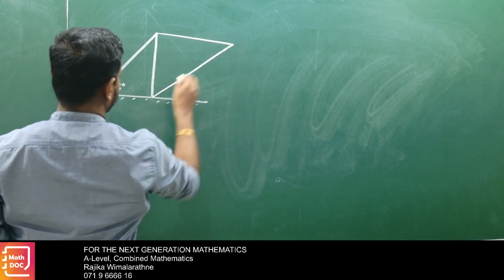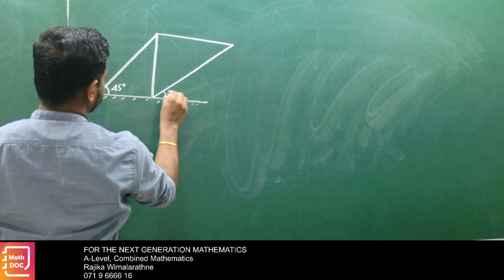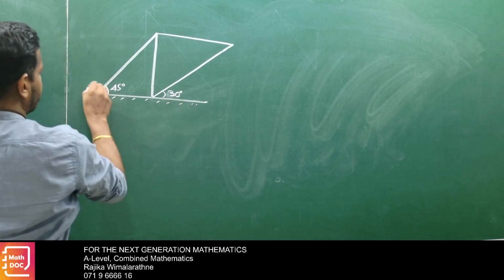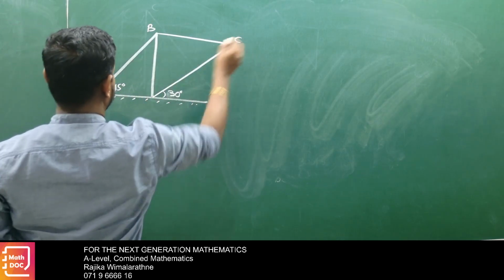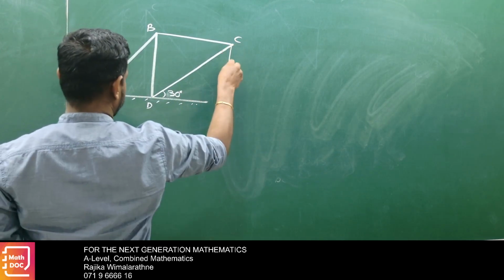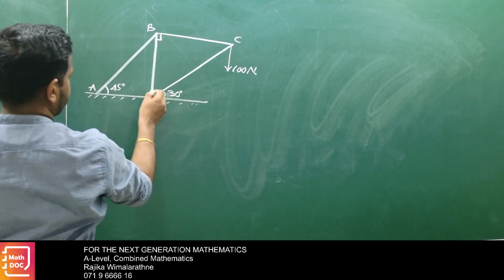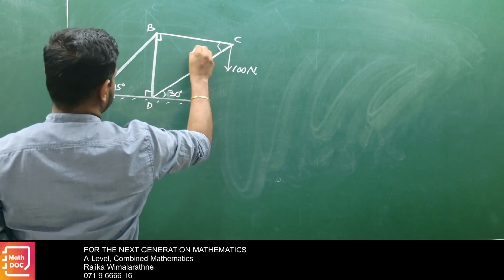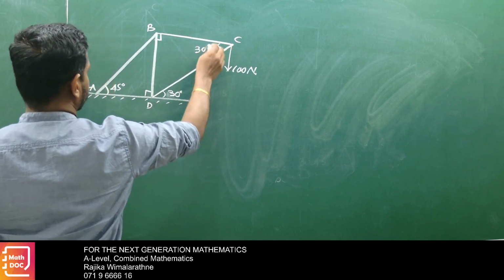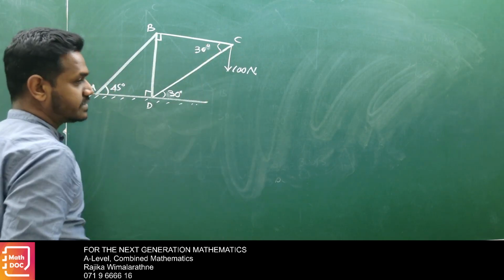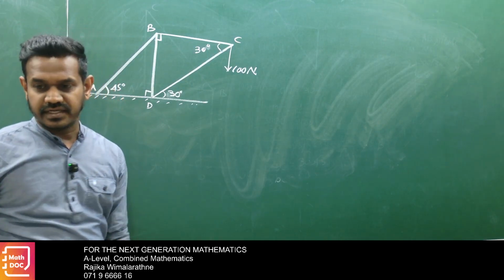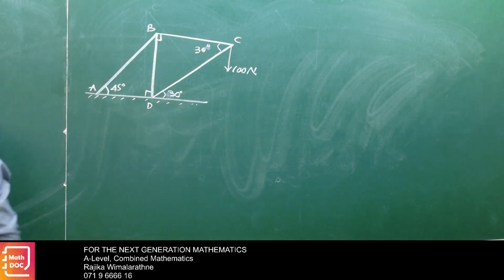Horizontal line. Here to the horizontal 30. Say A, B, C, D. At C, give 100 Newton force. Here 90, 90. Here 30. Okay, start it now. Take your time.